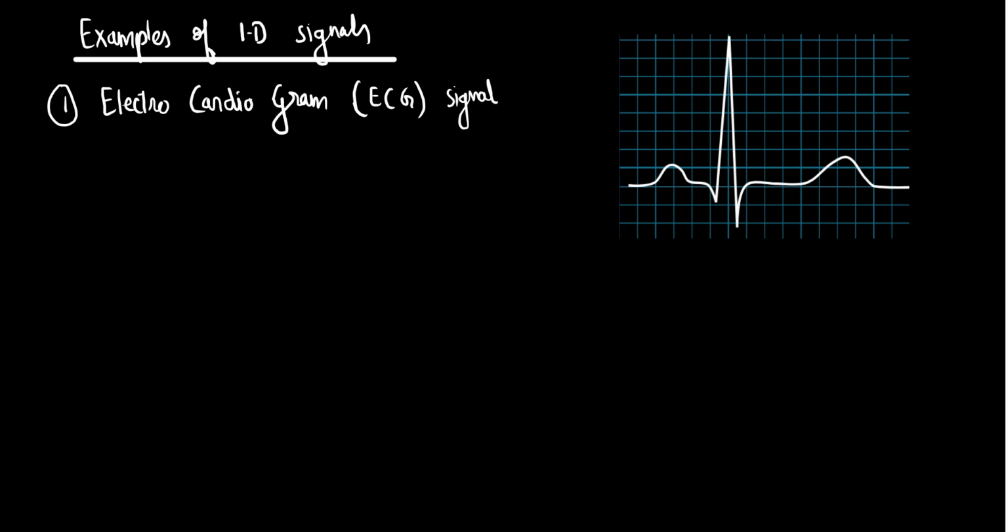This is an example of a one-dimensional signal which consists of information related to the electrical activity of the heart. What is the independent variable here? Here also the independent variable is time, whereas the dependent variable is the strength or amplitude of that electrical activity from the heart, which is usually measured in microvolts.